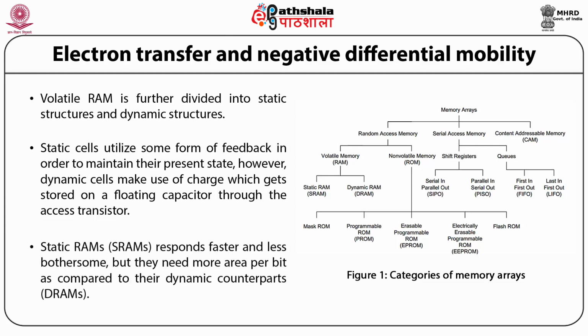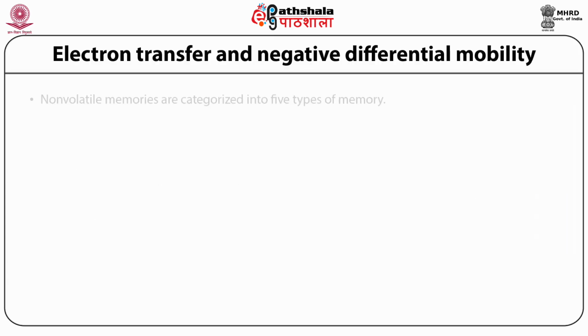Static RAMs or SRAMs respond faster and are less bothersome, but they need more area per bit as compared to their dynamic counterparts or DRAMs. So non-volatile memories are categorized into 5 types of memory.